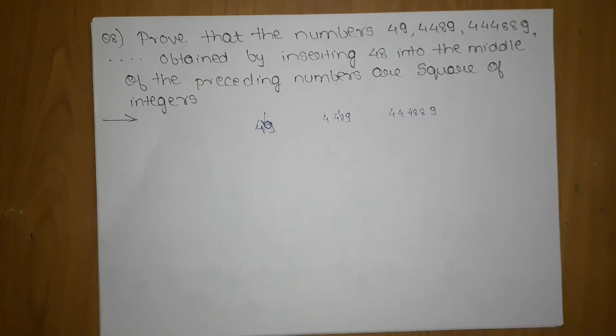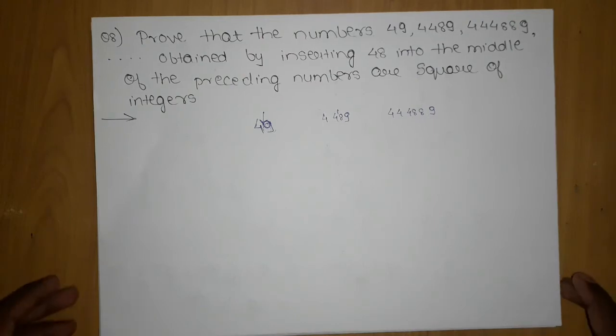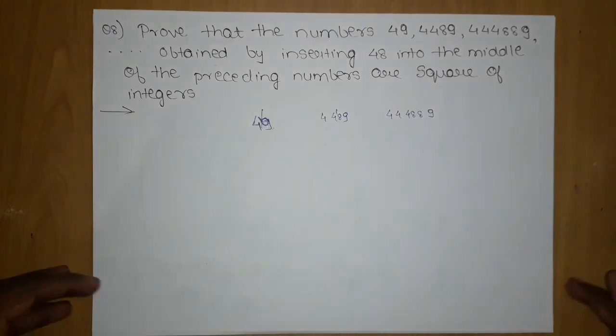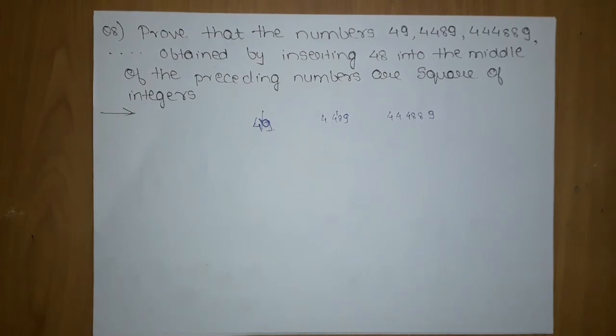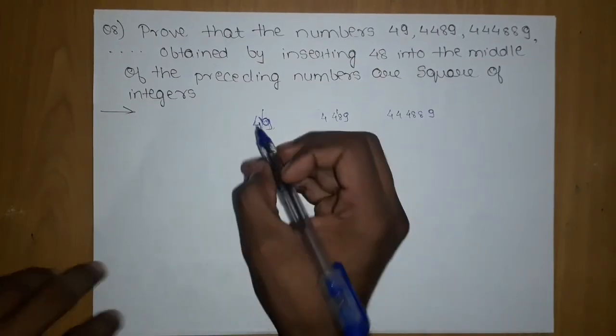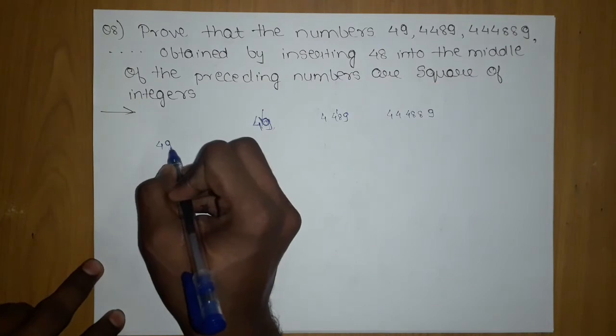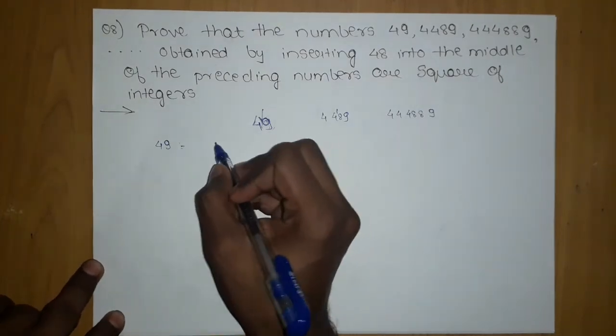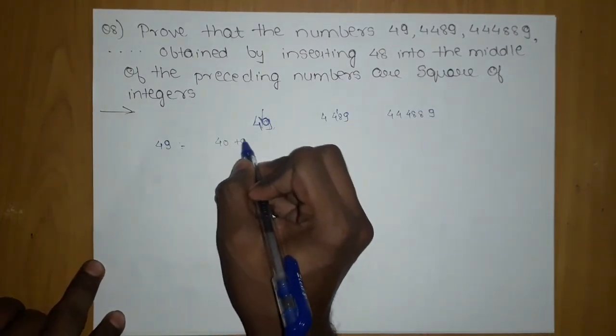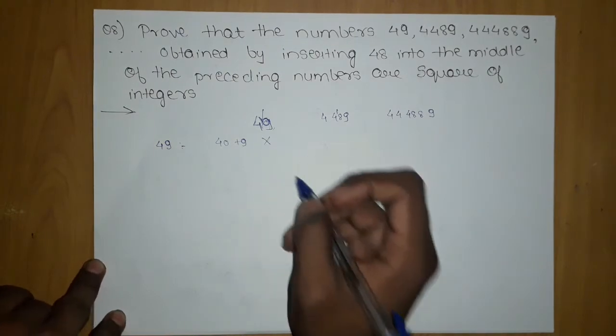Now this question is precisely to teach you how to write a term, how to break a term. Many children make a mistake: if I tell them to break 49, they break it as 40 plus 9. Wrong, don't do that, otherwise your question will be wrong.